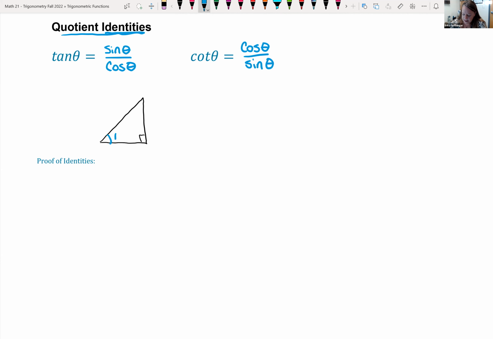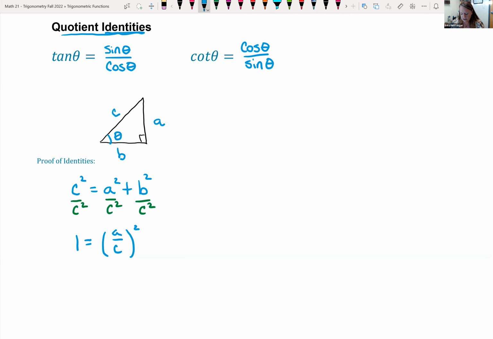So let's look at this and divide every single term by C squared. So we're dividing both sides of the equation by C squared. On the left-hand side, C squared divided by C squared is just 1, is equal to A squared over C squared, which is the same thing as A over C quantity squared, plus B squared over C squared.